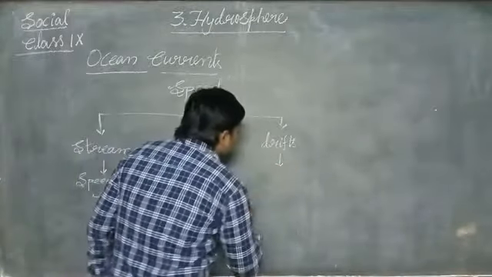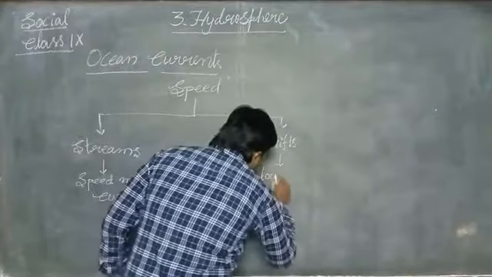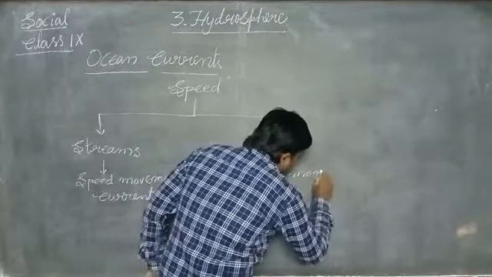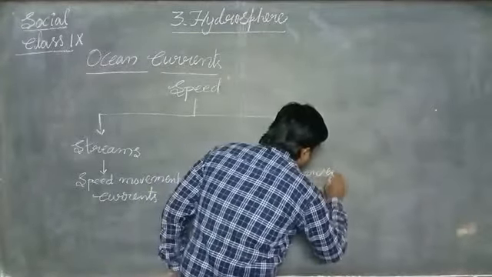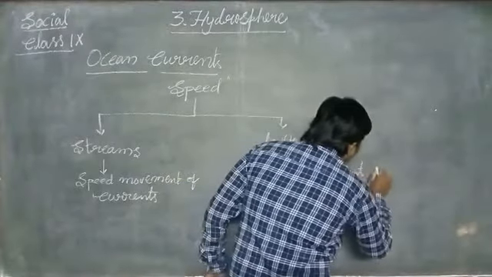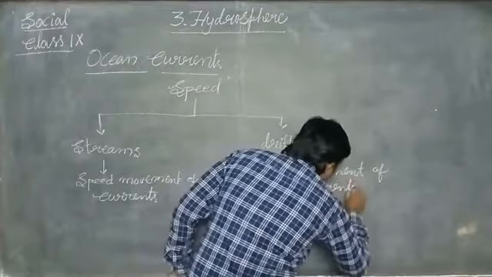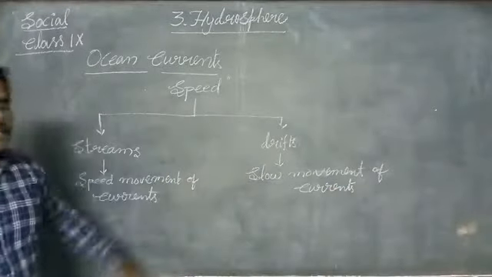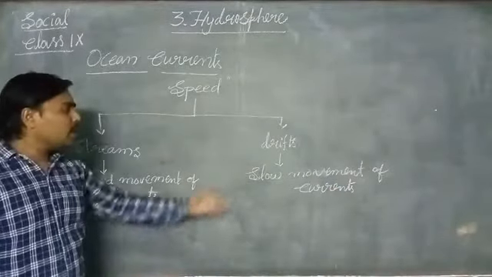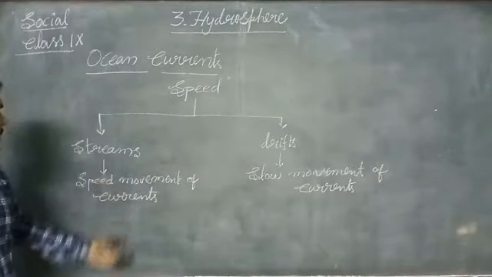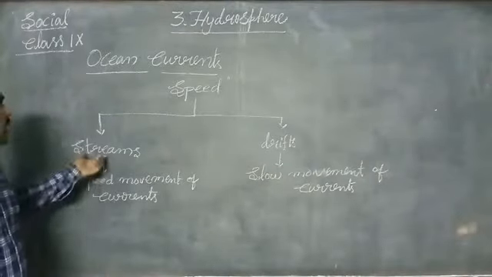Slow movement of currents is called drifts, and the speed movement of currents is called streams.